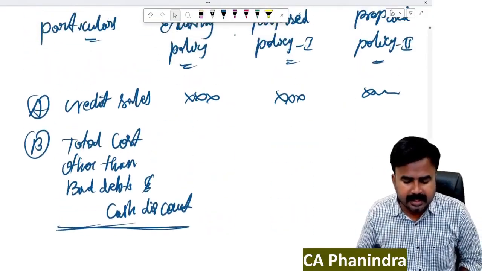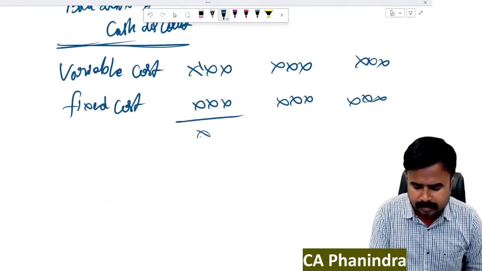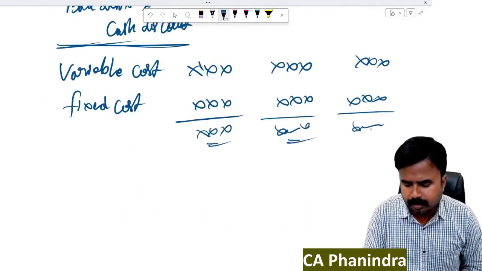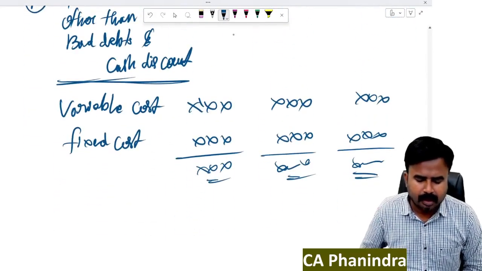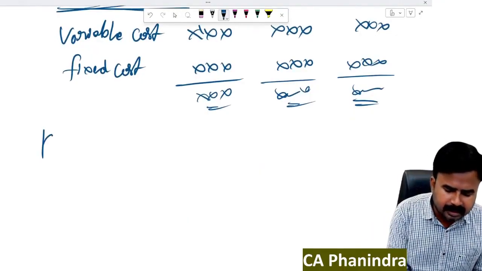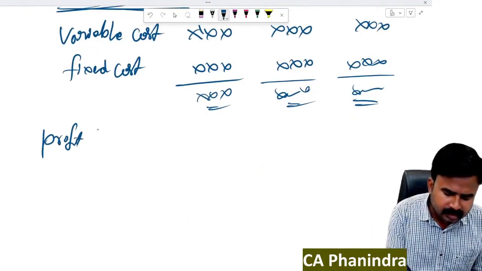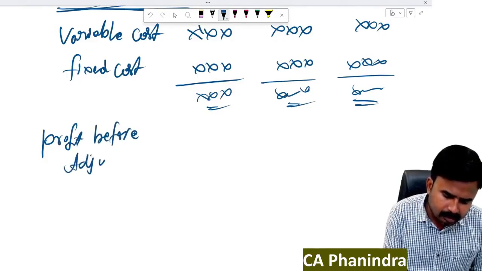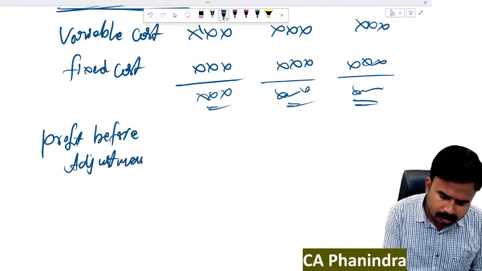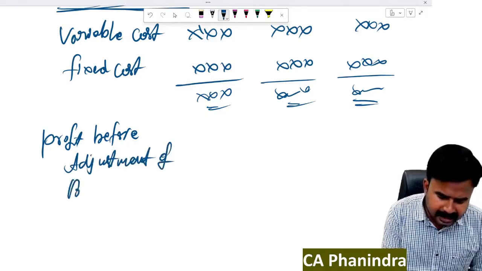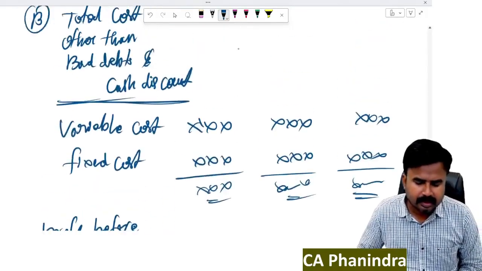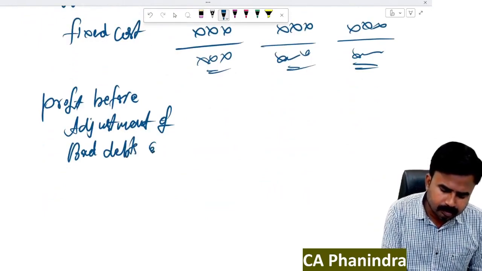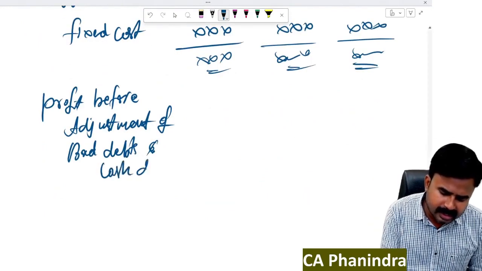If I deduct this total cost from my sales, I'll get profit before adjustment of bad debts and cash discount. You have to arrive at this number.